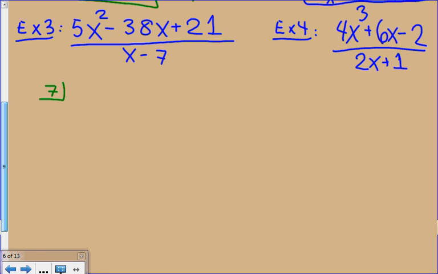Alright. So what are the numbers in the box? What do we do with the top? And what do we do with that 5?